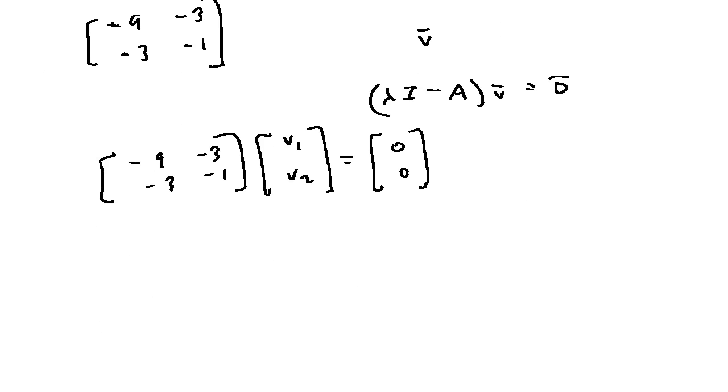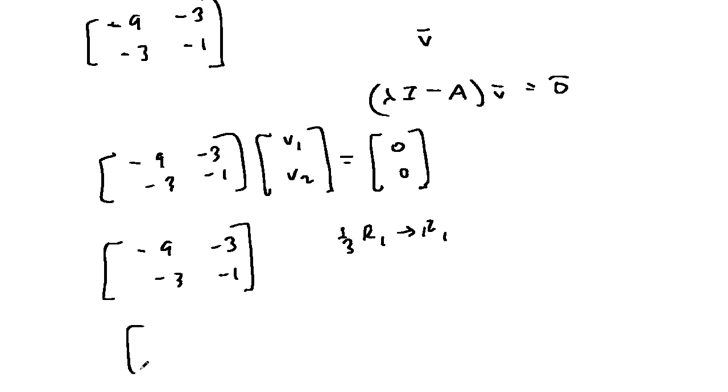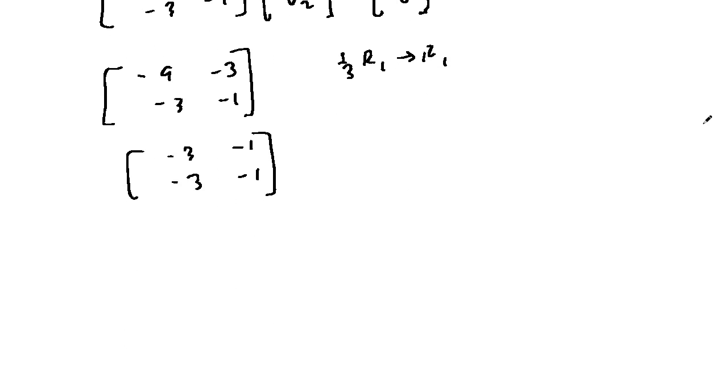Okay, use Gauss-Jordan elimination. So start with this matrix. Let's do 1/3 row 1. Now let's do row 2 minus row 1 to give us our new row 2.